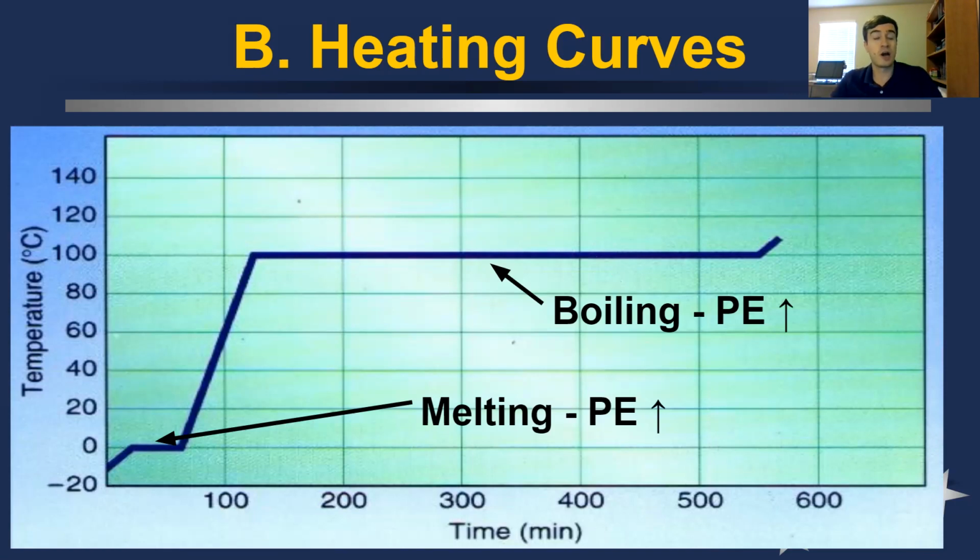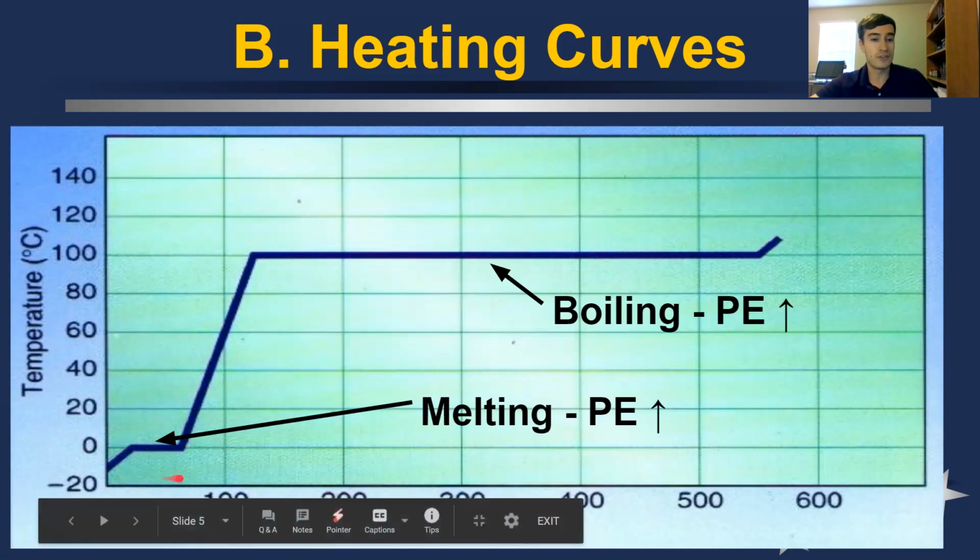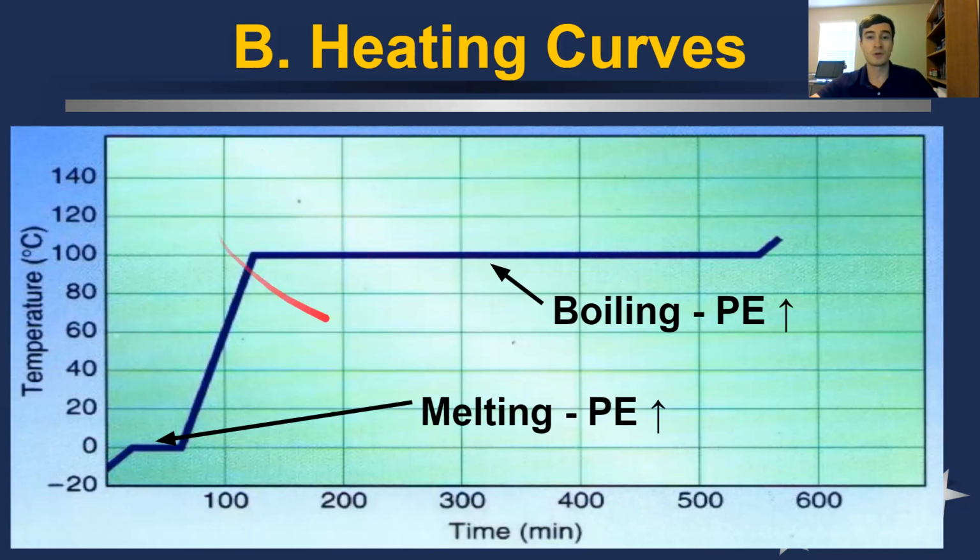So that's probably the most complex part of the heating curve that I wanted to talk about today: these flat parts of the curve exist because we're going through a phase change. We're not making the particles any faster, any hotter. Instead, we're making them just move farther apart from one another.